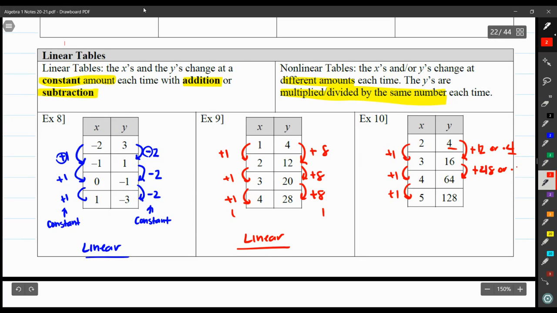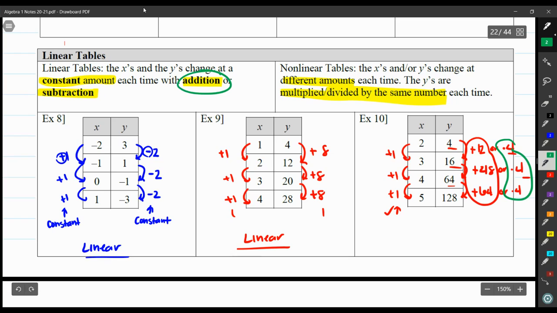Or again, you could also times it by 4 because 16 times 4 makes 64. 64 to 128 adds 64. So this side checked out, but on the y's, these were all different numbers. Yes, these were multiplied by 4, but remember, I can only use addition or subtraction for linear tables. This is not okay for linear, so this is a nonlinear function.